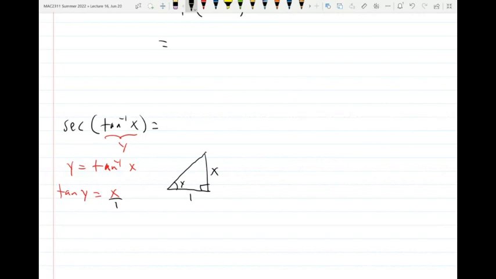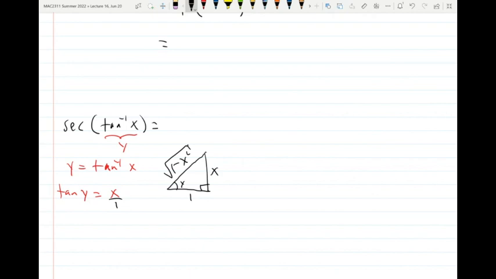What's the hypotenuse of this triangle? You did this in trigonometry last semester. What's the hypotenuse of this triangle? The Pythagorean theorem. Square root of 1 plus x squared. Yes? a squared plus b squared equals c squared.